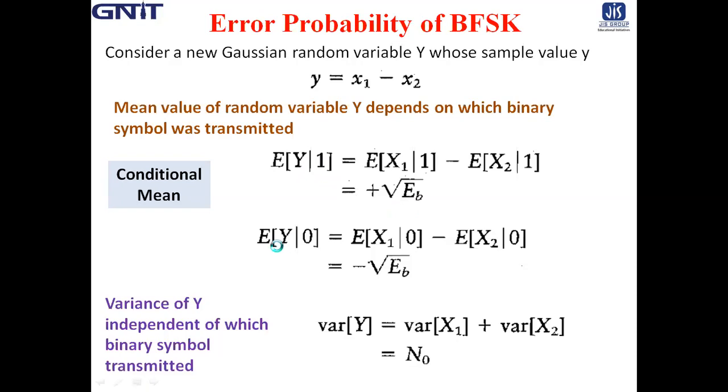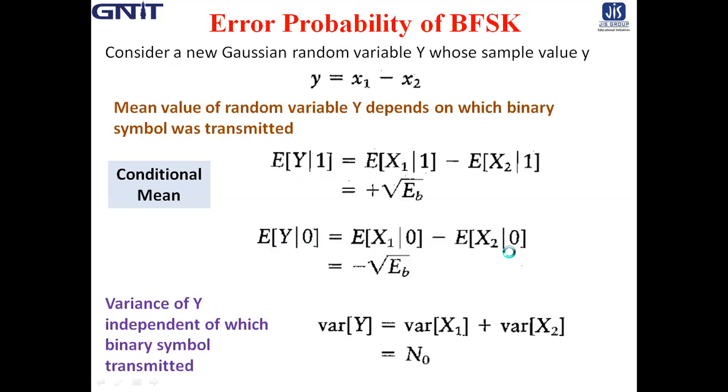On the other hand, given that symbol 0 was transmitted, the random variables x1 and x2 have mean values equal to 0 and square root of EB.